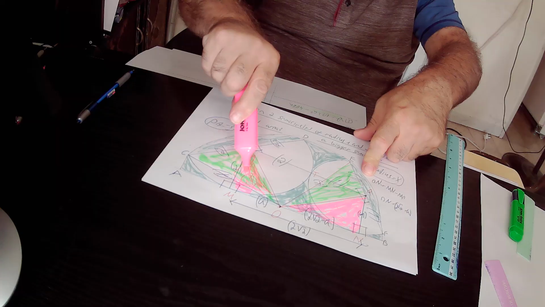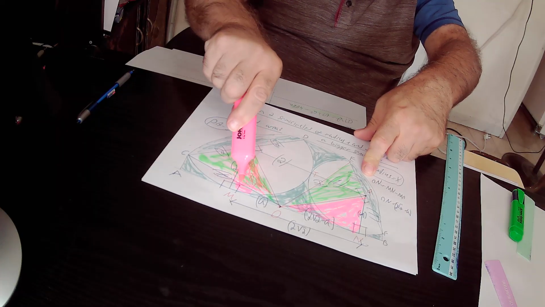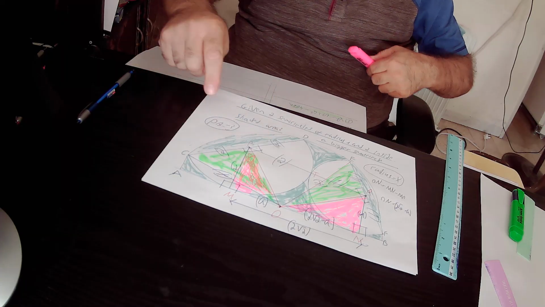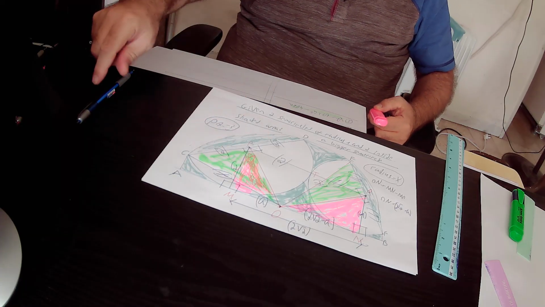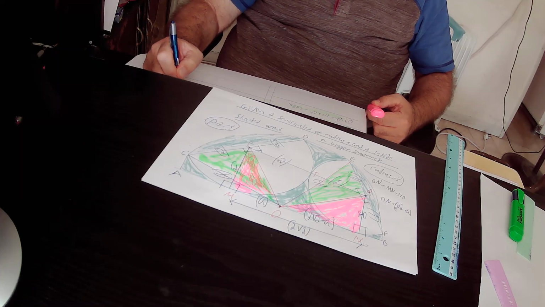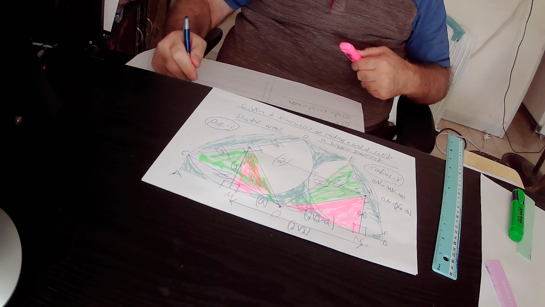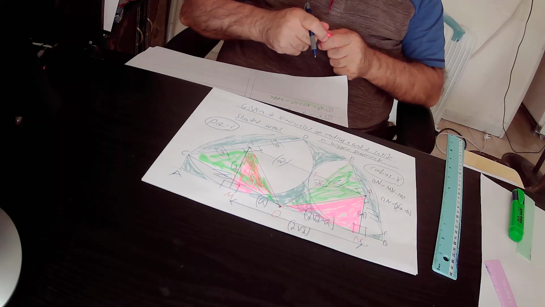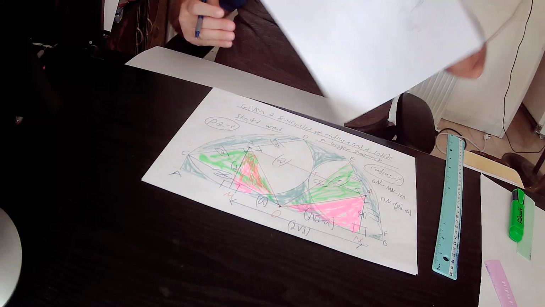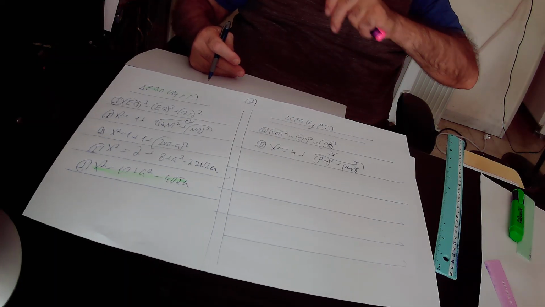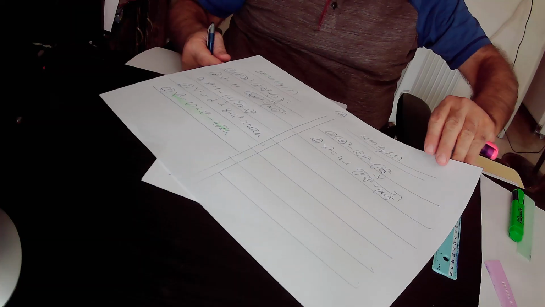So we implement the Pythagoras theorem on this right pink triangle PMO. We get that PO squared, the square of the hypotenuse, equals PM squared plus MO squared.